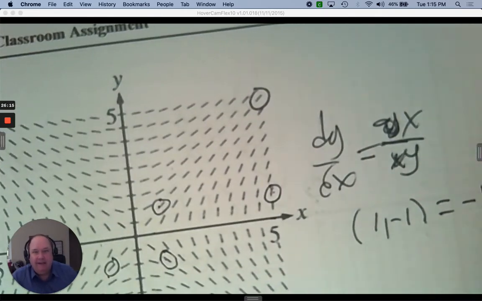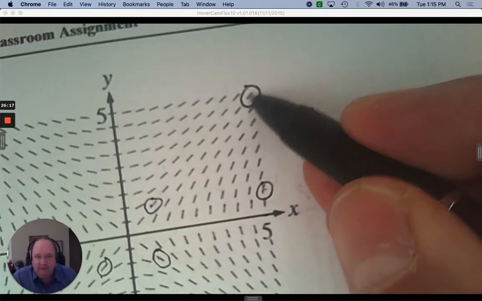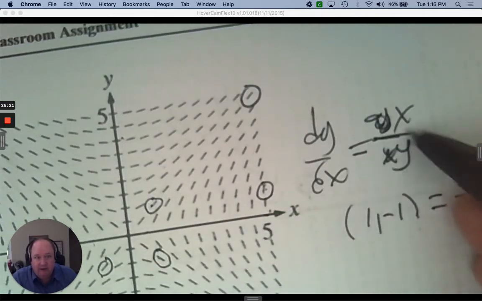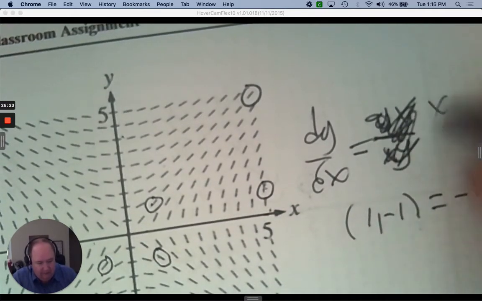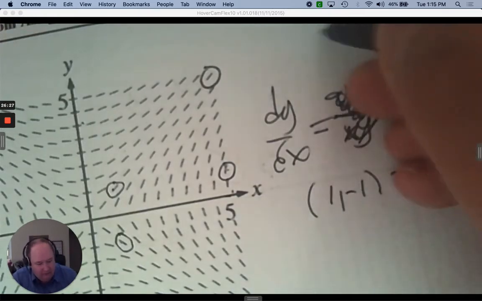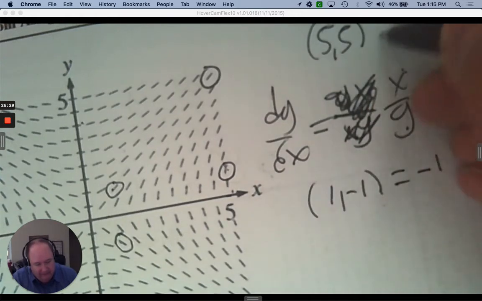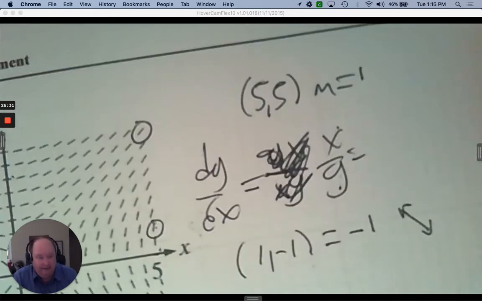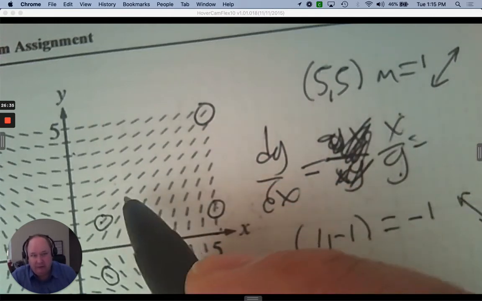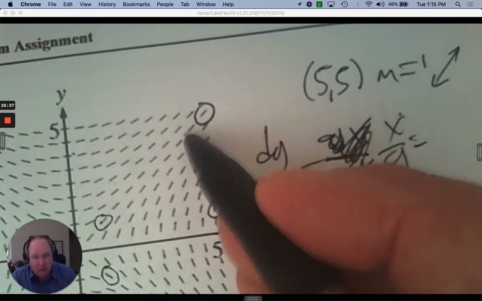Man, I'm going to find it. See this? 5, 5, right here. If I go 5 divided by 5, the answer is at 5, 5, the slope is 1, right? It points up. And at 4, 4, and at 3, 3, and at 2, 2, the slopes are 1, right?